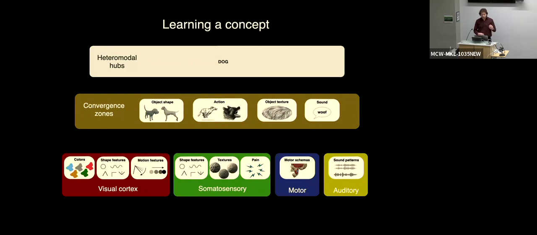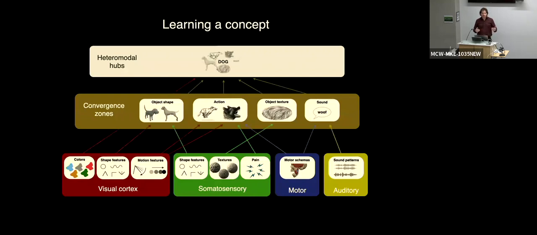And they project information upwards to multimodal areas that create more complex conjunctions of features. And these areas project up to the default mode network hubs, which generate the overall abstract summary of the experiential information, which is what we call the top level of the concept.